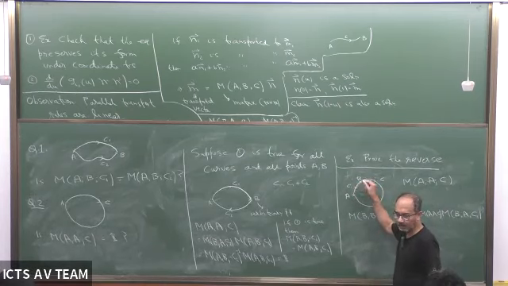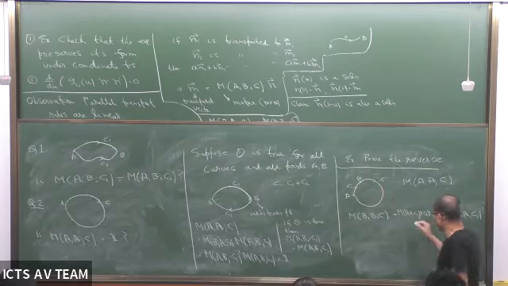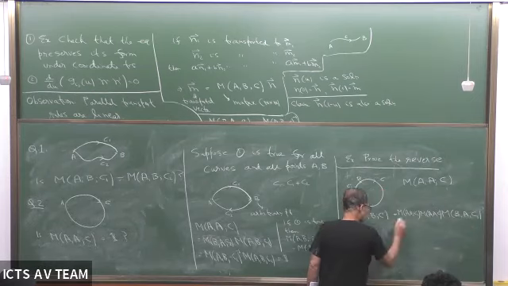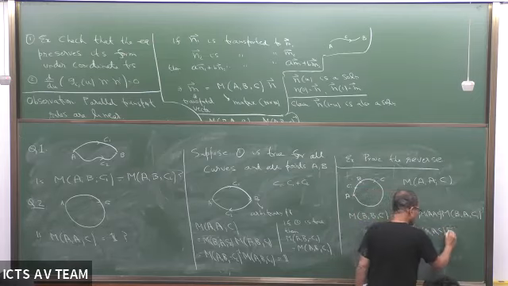But one after the other, so they just cancel out. Parallel transport is reversible. So this I can write. This is M_BAC1 inverse, M_AC, M_BAC1.